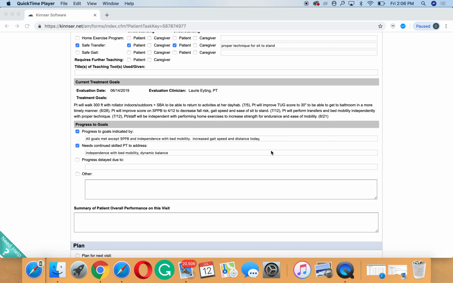Everything's about function these days, and all goals have to be related to a function. Everything we do, all of your treatments need to be related to a function. And every chance you get, you need to mention in your note how what you did relates to their functional abilities and the improvements that they're making.